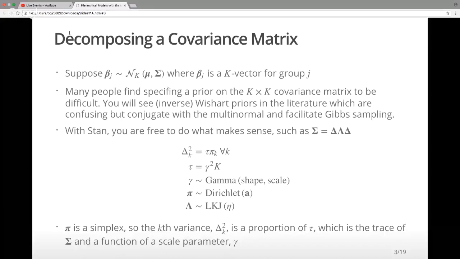So A is inversely related. So higher values of A means lower variance. But yes, you would put a smaller value of A corresponding to the income margin and a larger value of A corresponding to the other one. But the default is just to do 1 for everything, and that tends to work well.